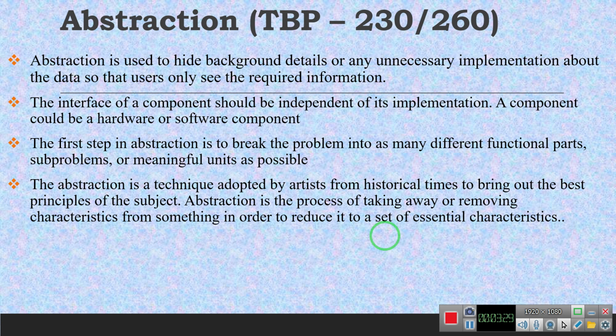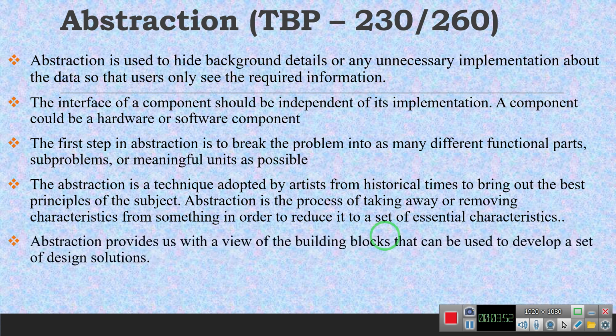Now abstraction is a process of taking away or removing, meaning we are removing unnecessary things. We are just concentrating on its characteristics to reduce its burden. So we write the essential characteristics on a piece of paper. That is called abstraction.